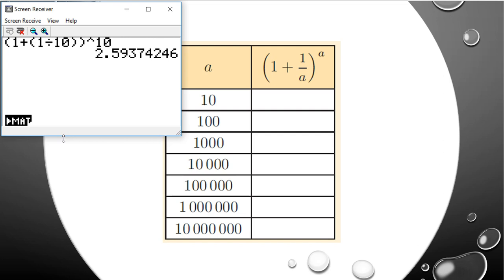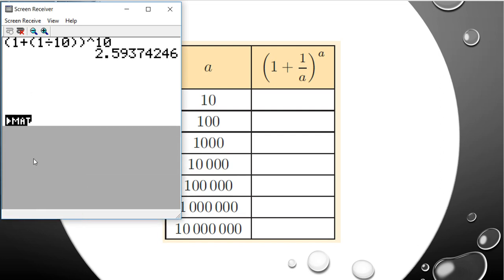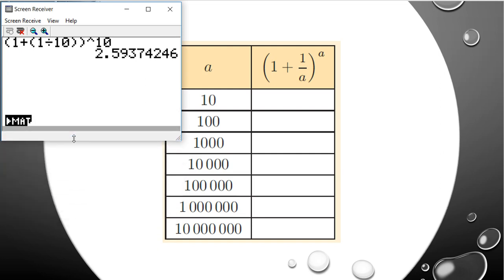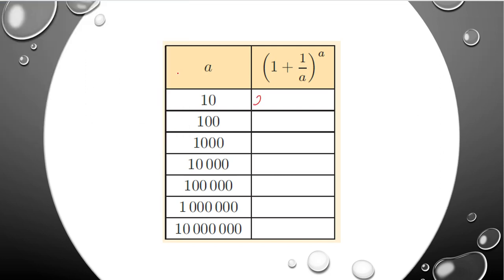If I am going to copy all the numbers there, 2.5937426.